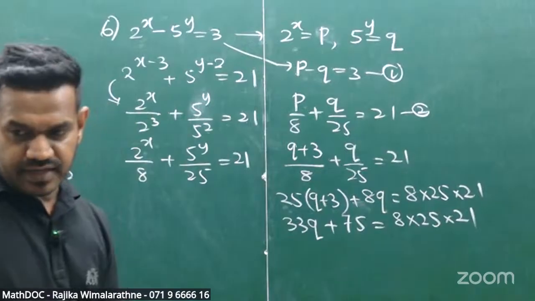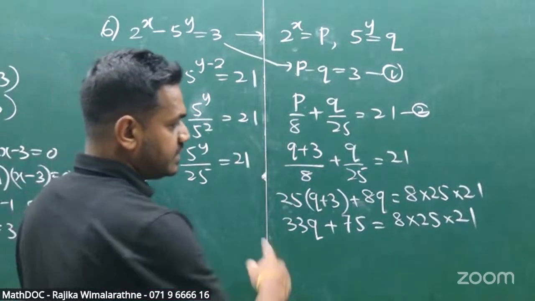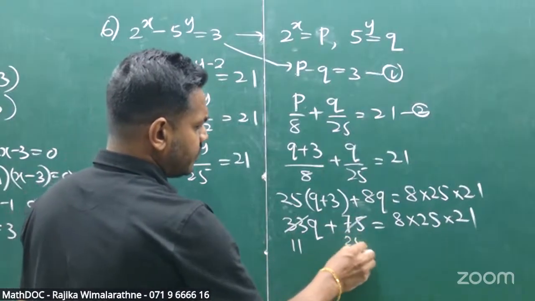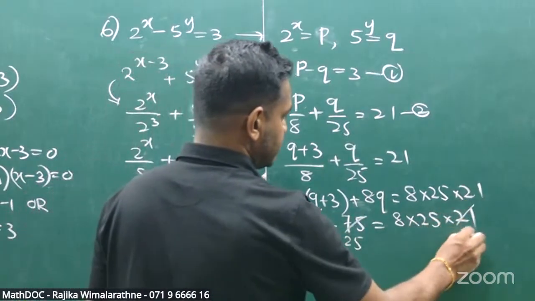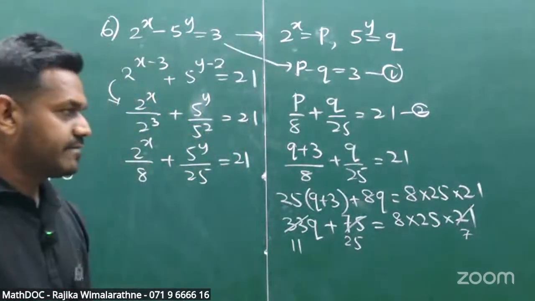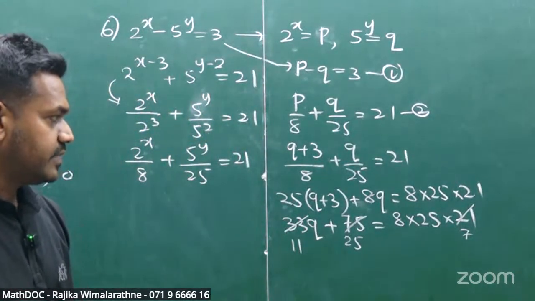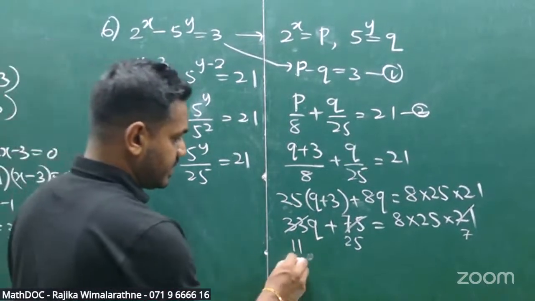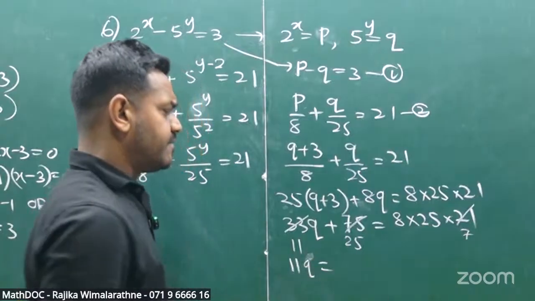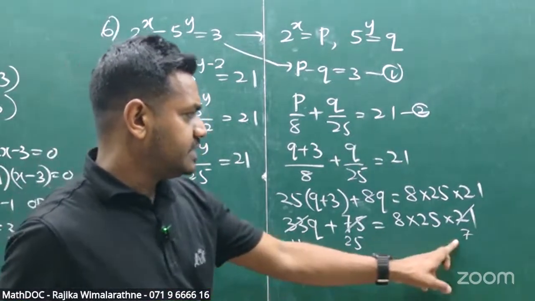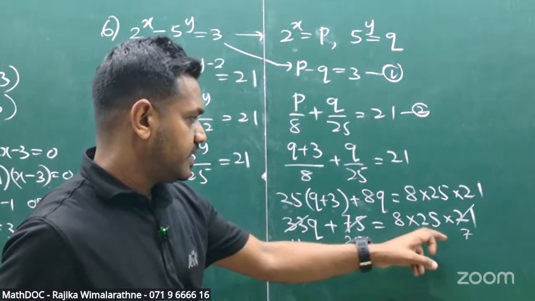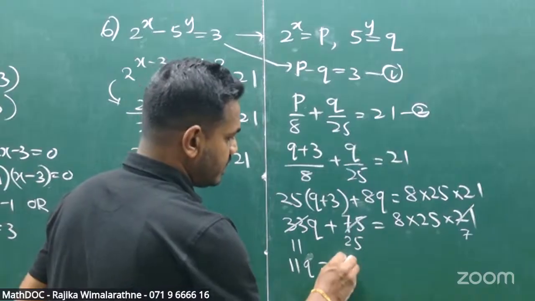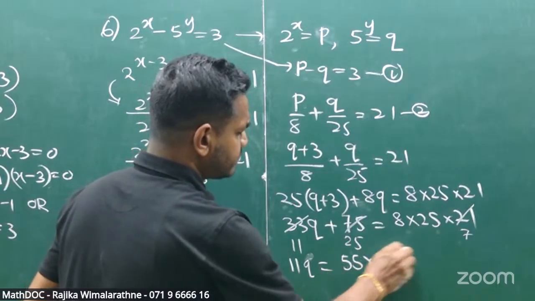Don't expand all at once. This is divisible by 3. Then 11, 25, 7. Further you can simplify: 11q equals 56 times 25 minus 25, that is 55 times 25.